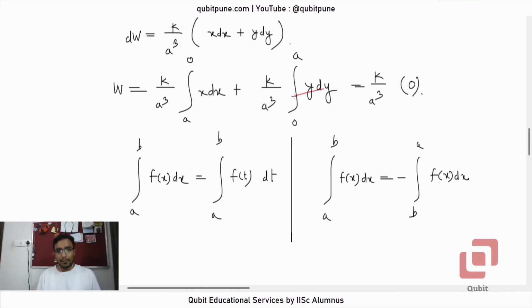So y dy can be made x dx, and limits can be flipped by changing the sign. So the integral of x dx from a to 0 is positive and the other is negative, so the result is 0. Clear?